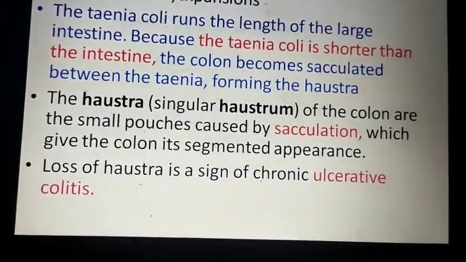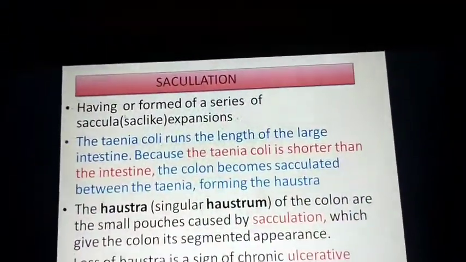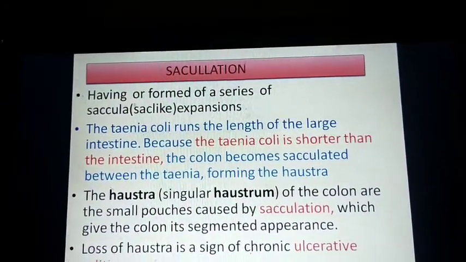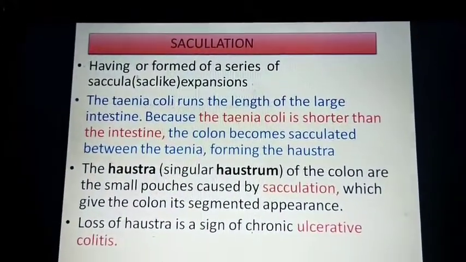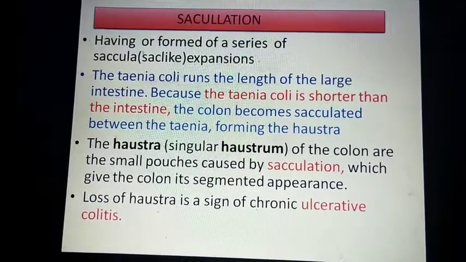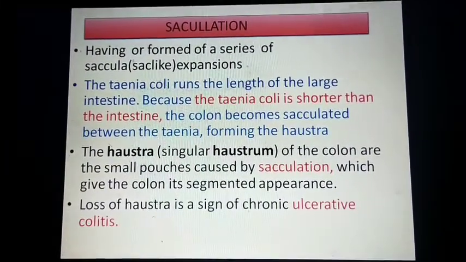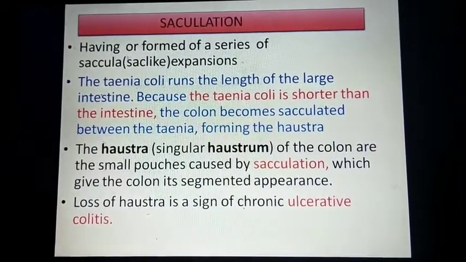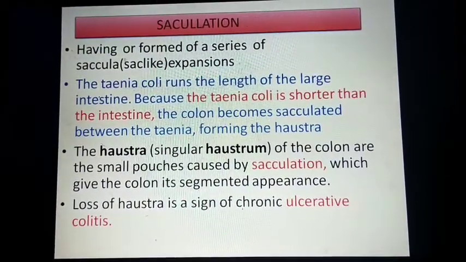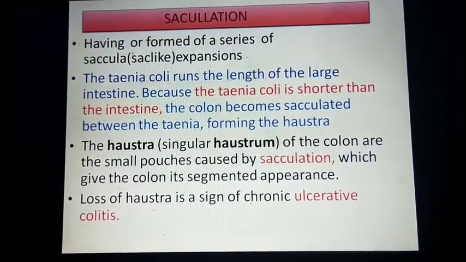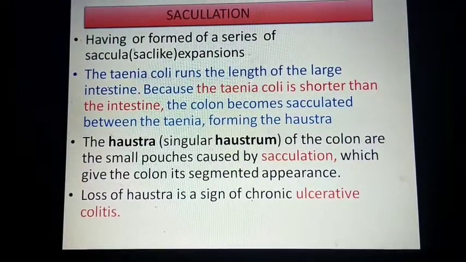Now sacculations or haustrations of the large intestine: pouch-like structures forming in the large intestine are called sacculations. The large intestine forms a series of sac-like or pouch-like structures, called sacculations.